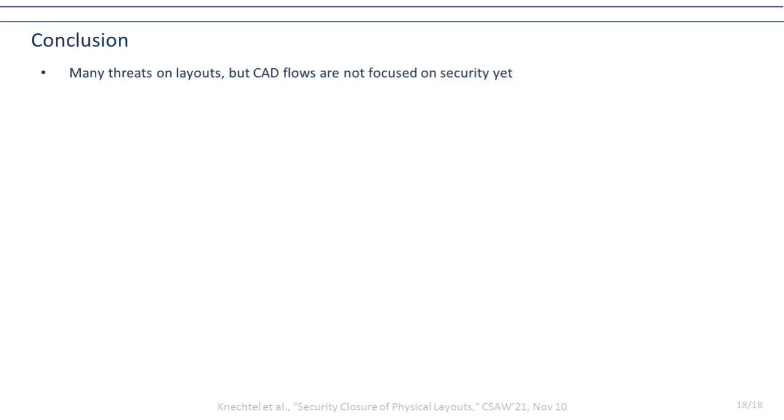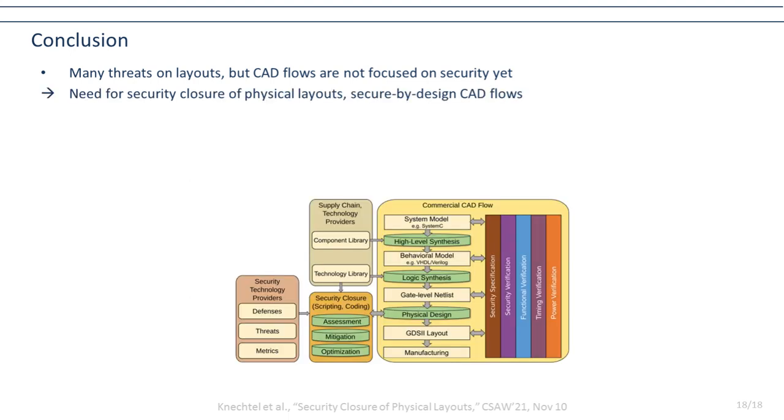So let me conclude now. What we looked into today is that there are indeed many threats exploiting vulnerabilities directly at the layout level. And CAD tools, however, are not focused on security yet, so there is a gap here. We accordingly outlined the need for security closure, and we also made some suggestions how this could be realized.